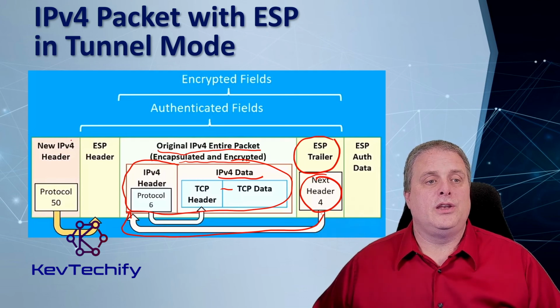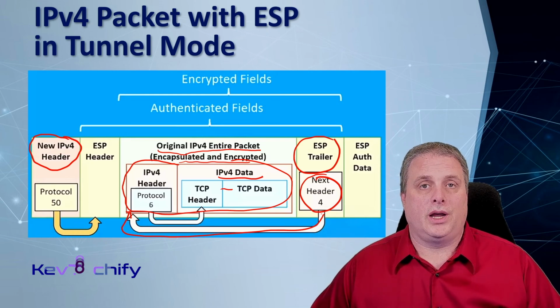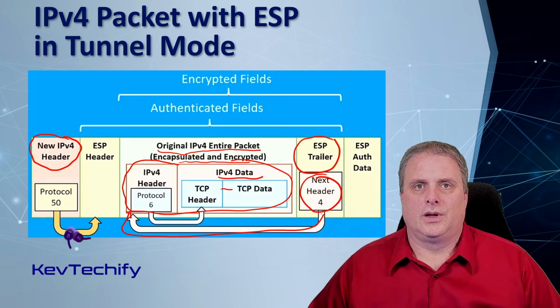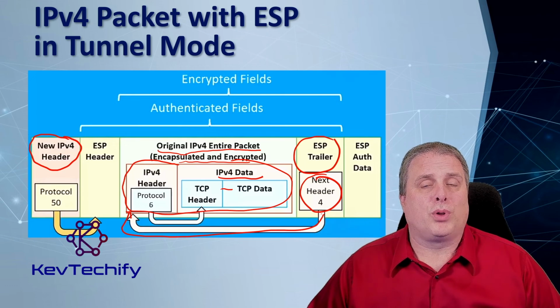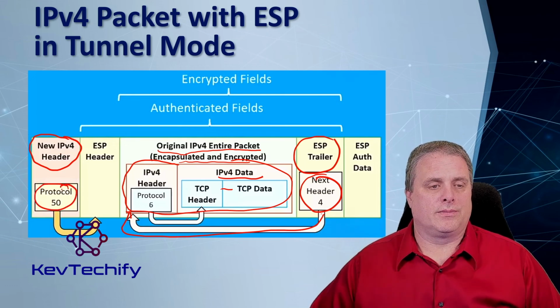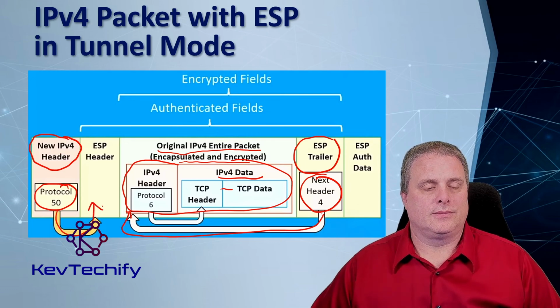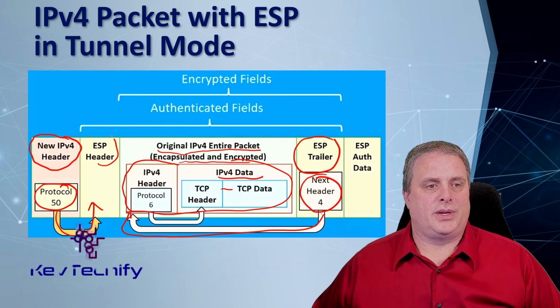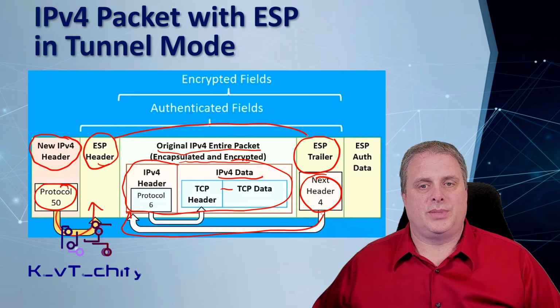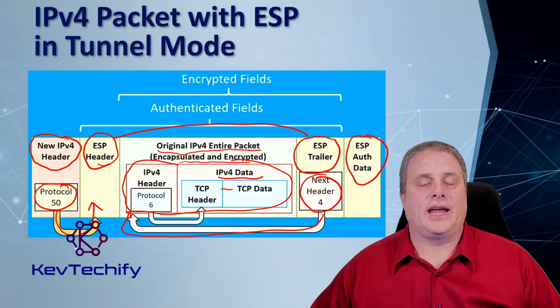And then there is a new public IP version 4 header that was created. The new IP version 4 header points to the fact that we are using protocol 50, that we are using ESP, and we have our ESP header along with our ESP trailer and our ESP authentication data if we decide to have integrity checks.